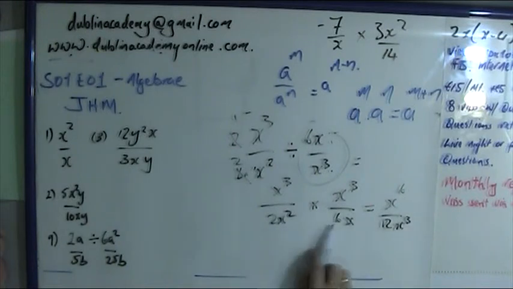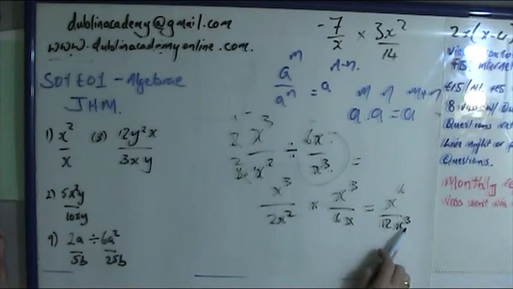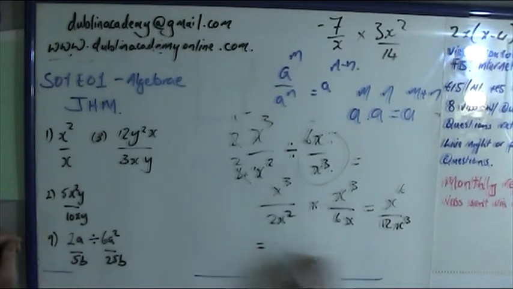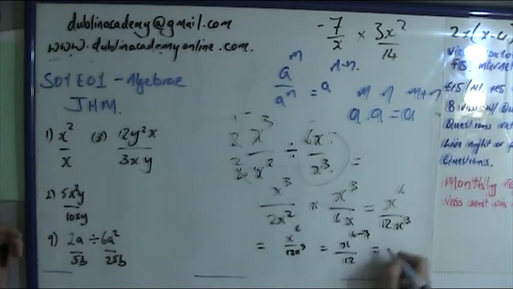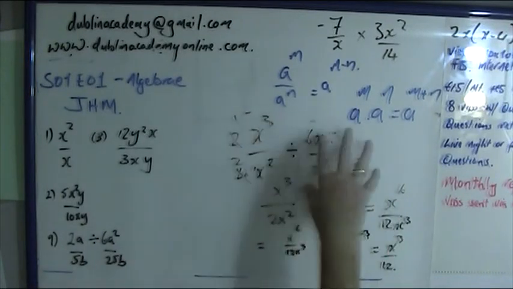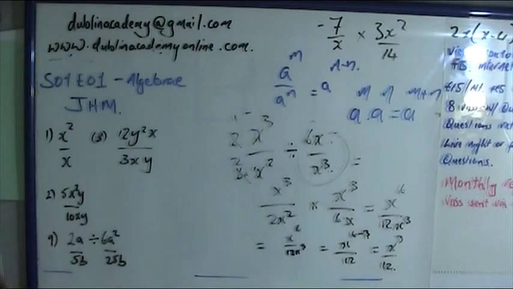Did you see that 6 by 2 is 12, x squared by x is x to the power of 3, adding the powers 3 and 3 is 6. And we're left with this ginormous thing here, x to the power of 6 over 12x cubed. I can't do anything with the 12, but I can do something with the x cubed. I can bring it up and take it away. Over 12, and the answer would be x cubed over 12. Now, it's quite different to what it was originally, but that's the whole idea of mathematics.